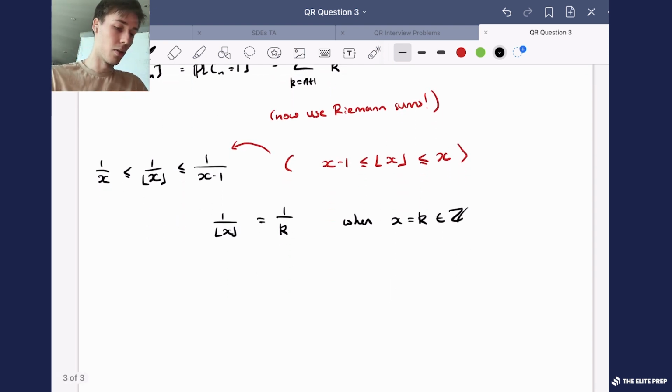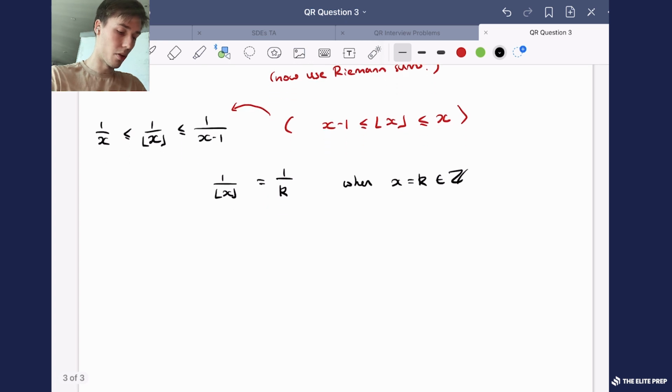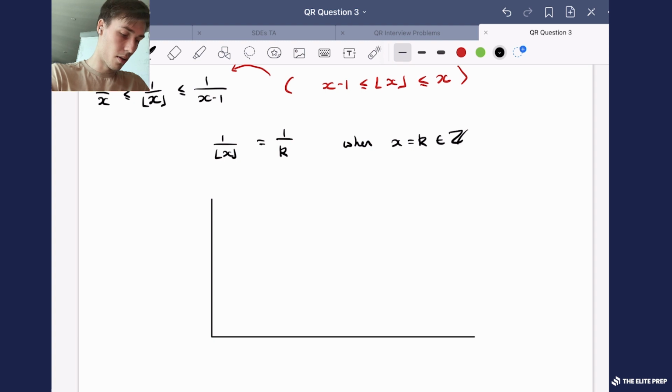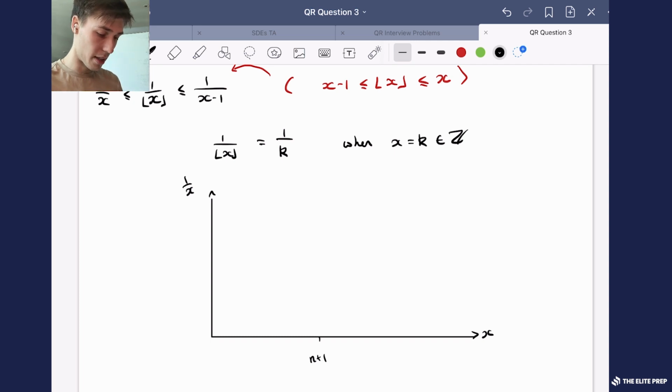So what we're basically doing, if we draw a graph of this, we have x and we have our function 1 over x. If we start at n plus 1, if we look at 1 over x, it's going to go something like this. If we look at 1 over x minus 1, it's going to be a little bit bigger. It's going to go something like this.